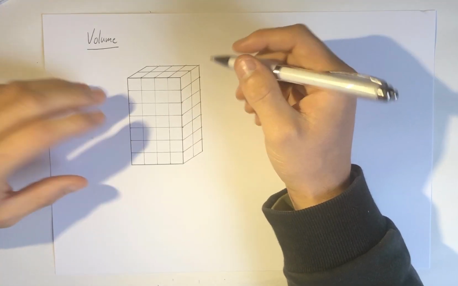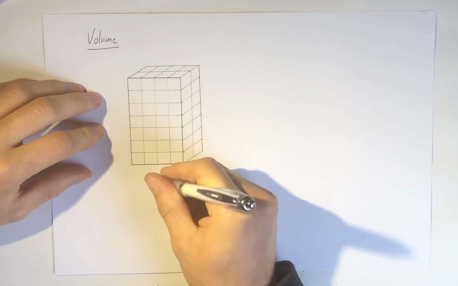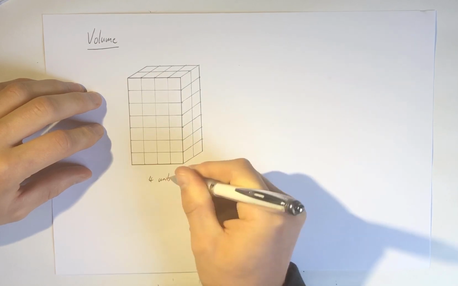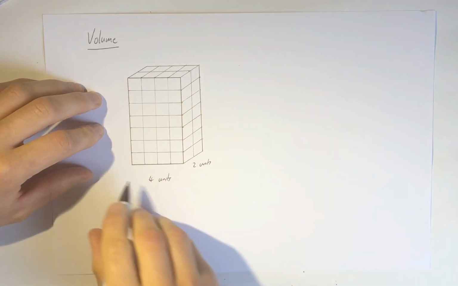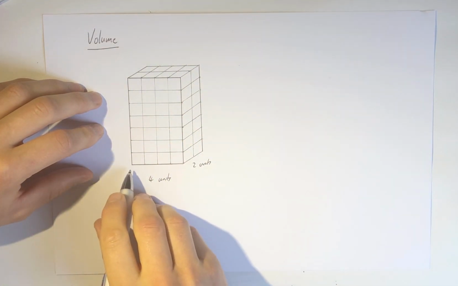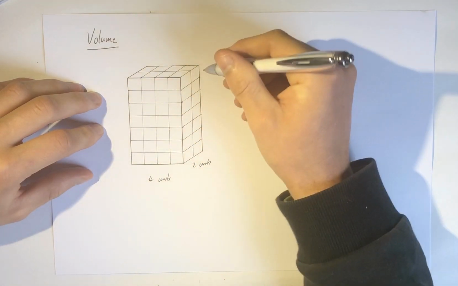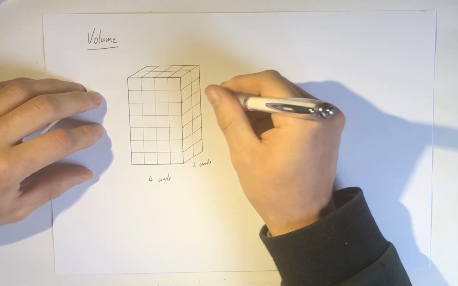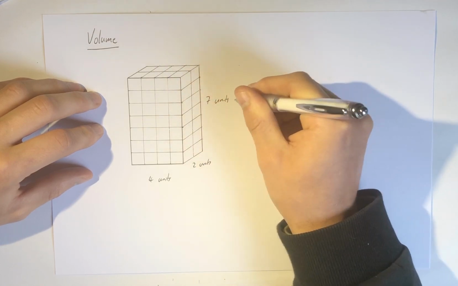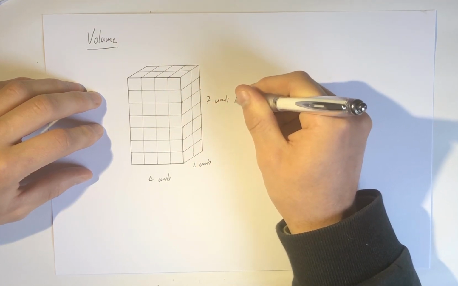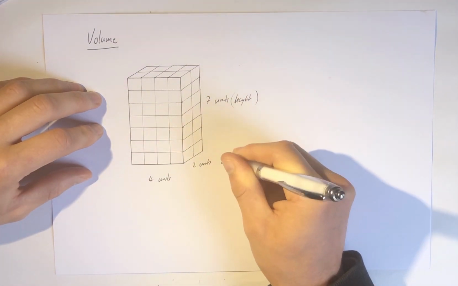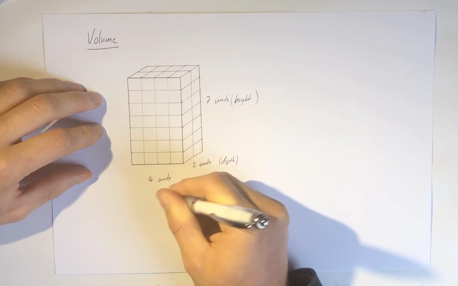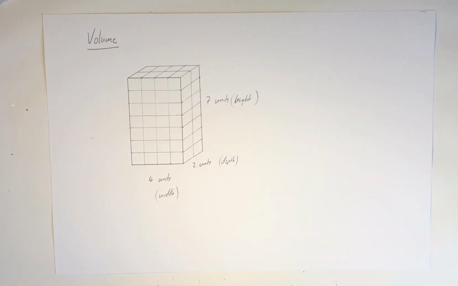So what I've got here is 4 units along the bottom, 2 units deep, 4 units wide, and we've got 1, 2, 3, 4, 5, 6, 7 units height. So depth and width. I want to know how many 1 unit cubes go into this shape.